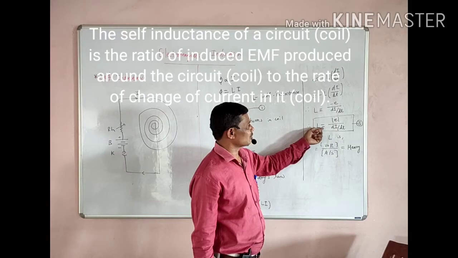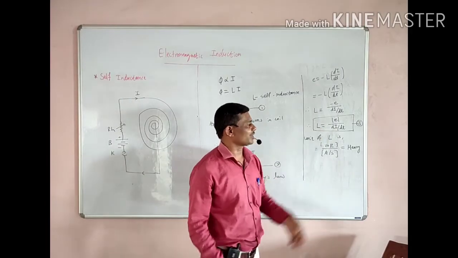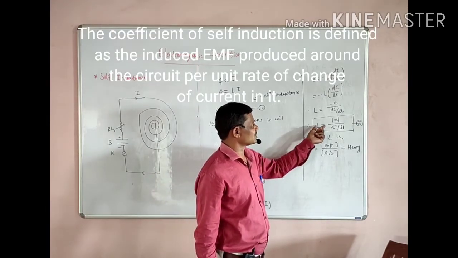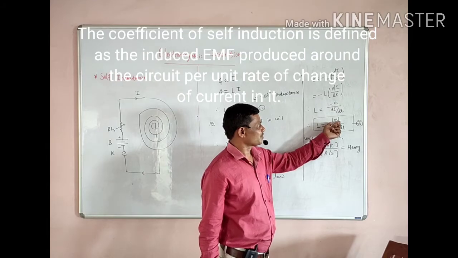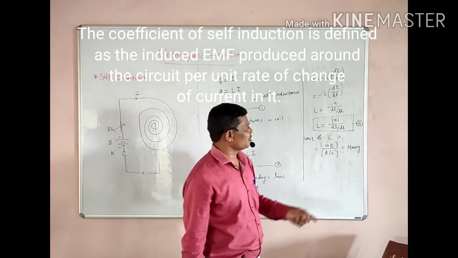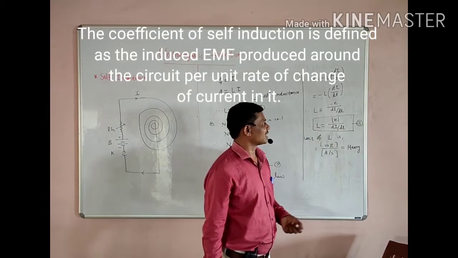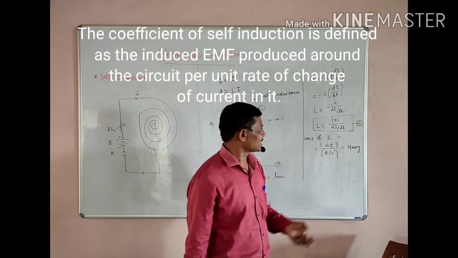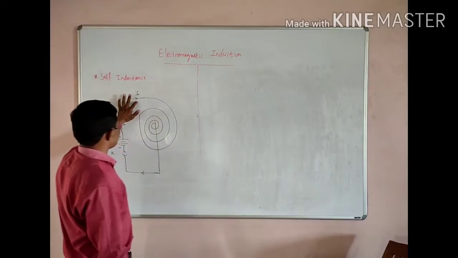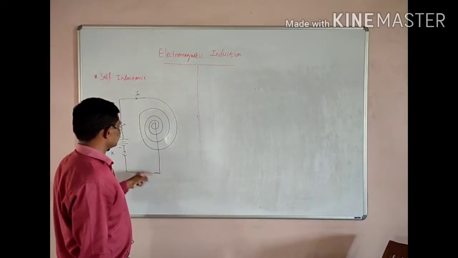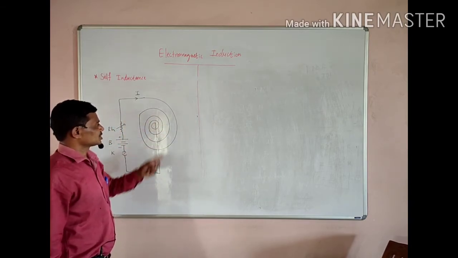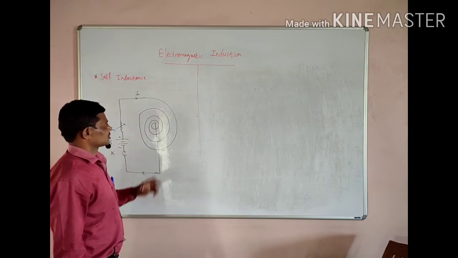Or also we can define this, that the coefficient of self-inductance is equal to EMF induced in a closed circuit per unit rate of change of current. If current I increases inside this closed circuit, then EMF is induced in this coil in opposite direction.